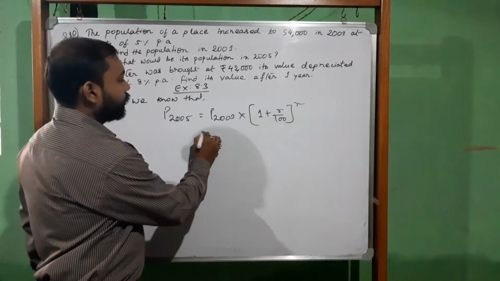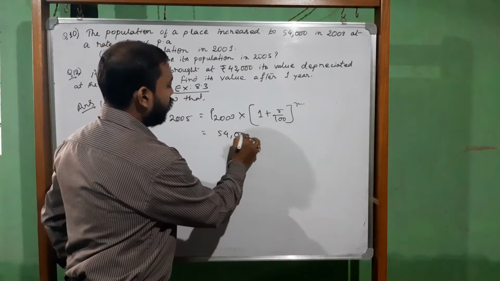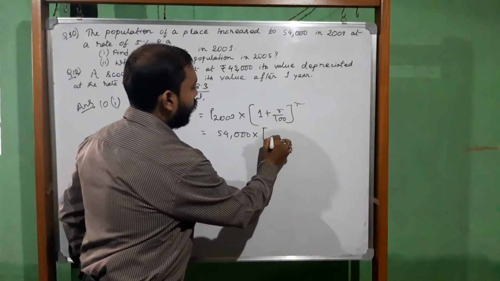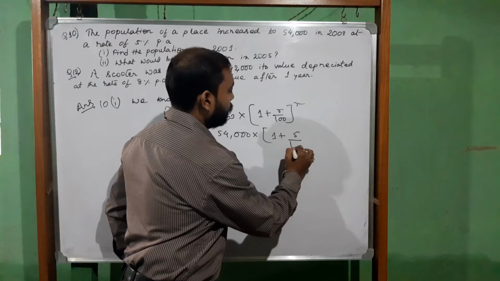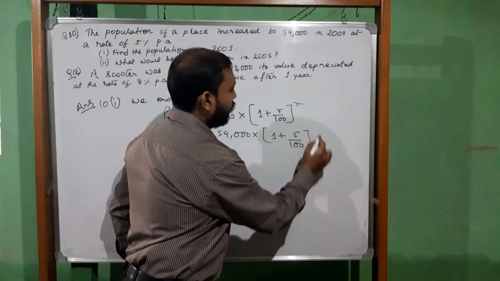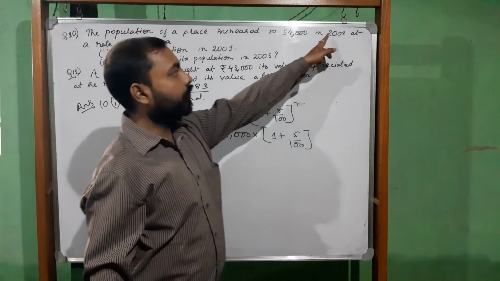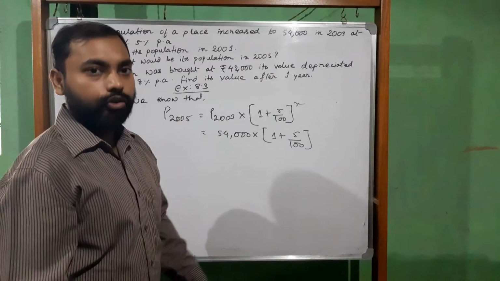Now P 2003 we know it is 54,000. So it is 54,000 into 1 plus, r is 5%, so 5 by 100 to the power n. Now you see it is 2003, we have to calculate 2005 again. So what will be the difference? 2.